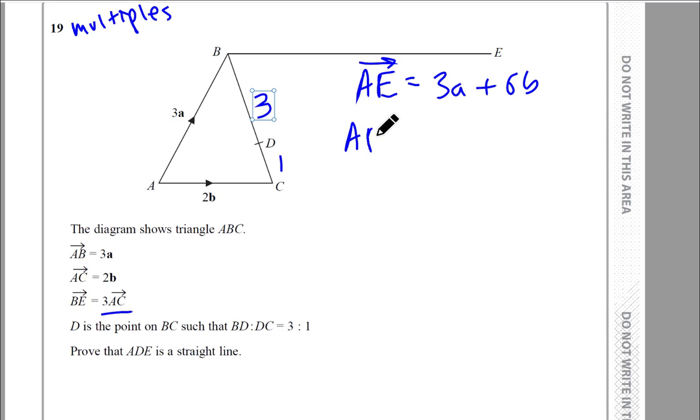Now, if you can see A to D, to get from A to D, that's going to equal 3A plus 3/4 B to C, right?